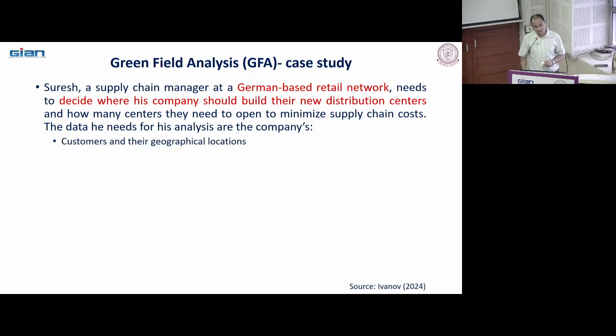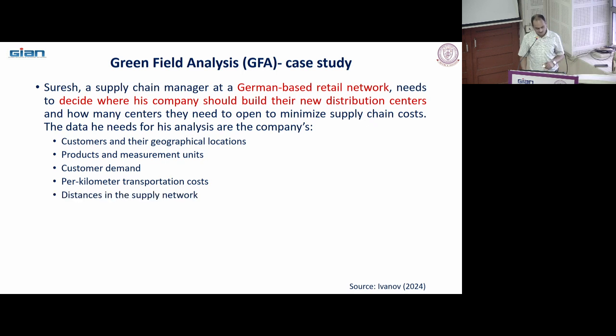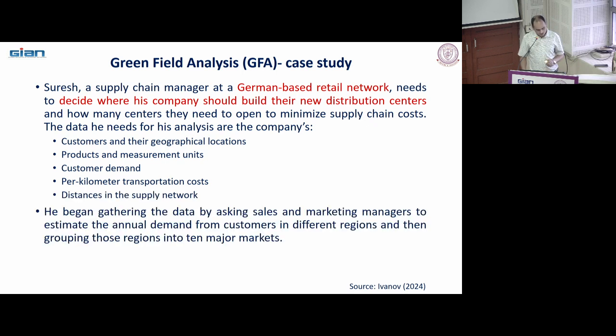They know the customers and their geographical locations. They know the products as well and the unit of that product. They know the customer demand, per kilometer transportation cost, and distances in the supply network. Suresh started gathering the data by asking sales and marketing managers to estimate the annual demand, because demand is an important parameter.